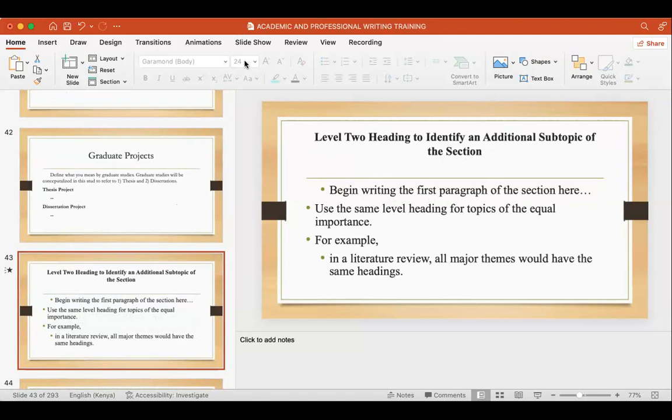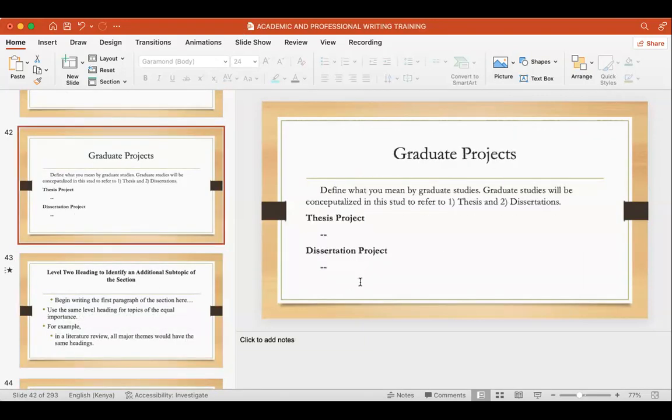The relationship between attachment style and stress coping strategies among undergraduate students. Okay, stress coping, attachment. Okay, let me write it here.